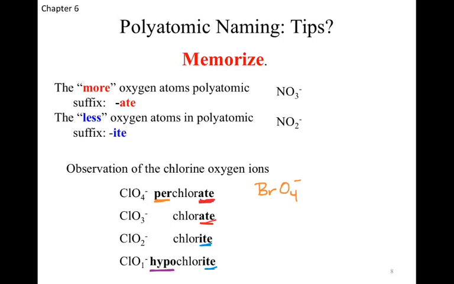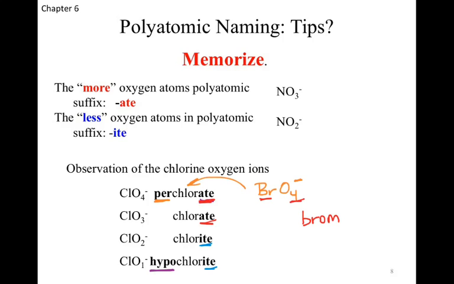So as a random test on this, do you think you can name BrO4 minus? Okay, a bit more challenging to come up with that because that's not on the list I told you to memorize. You should still be able to figure it out though. So what we would do is compare it back to what we do know. Well, when we had ClO4 minus, the chlor, our root for our element, was right in the middle. So we could put in our brom.